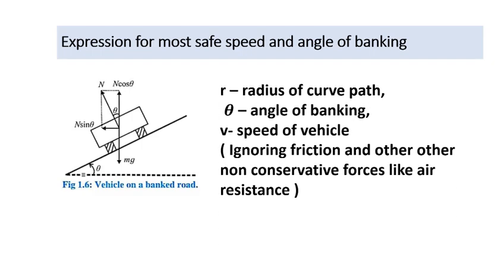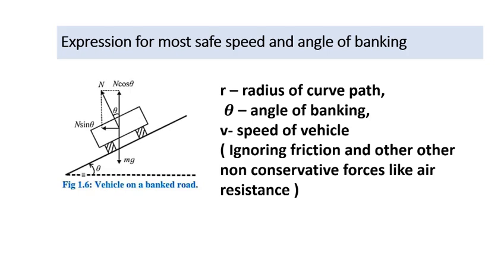Different variables that we are using: R is the radius of the curved path, theta is the angle of banking, V is the speed of the vehicle. Here we have completely ignored friction and other non-conservative forces like air resistance.